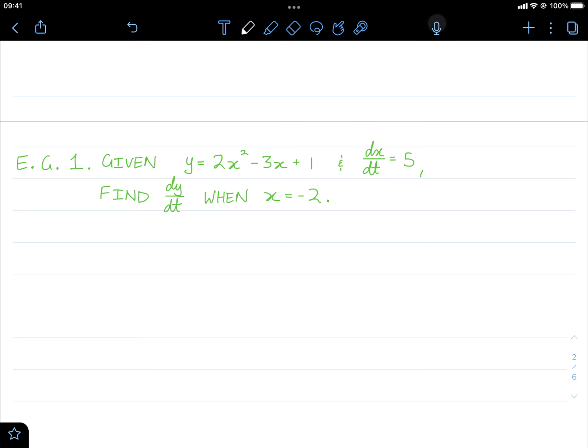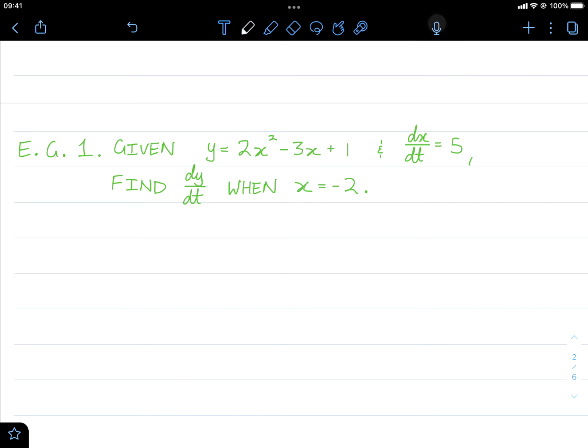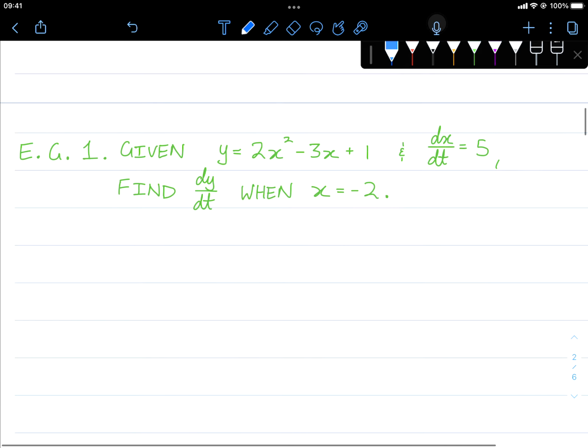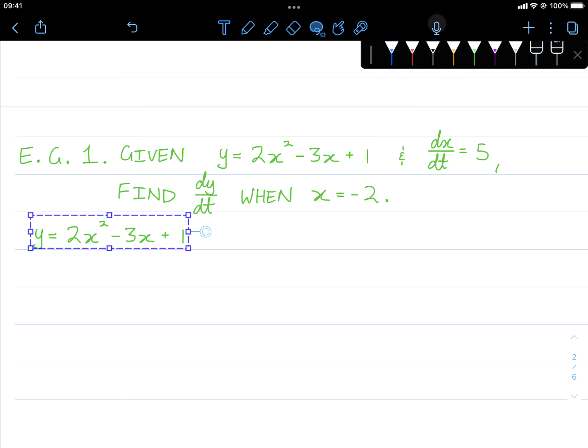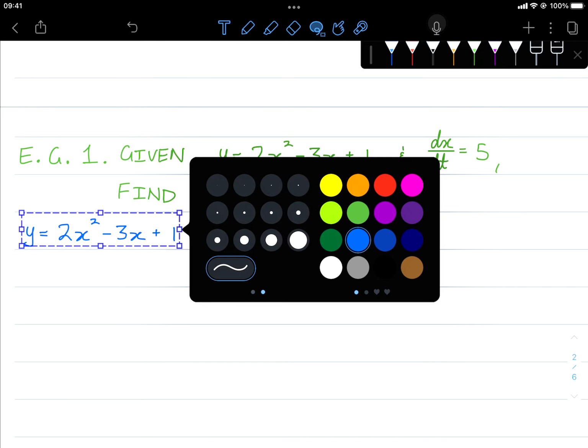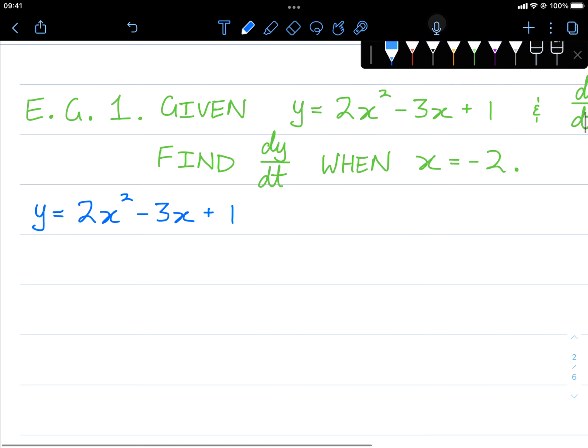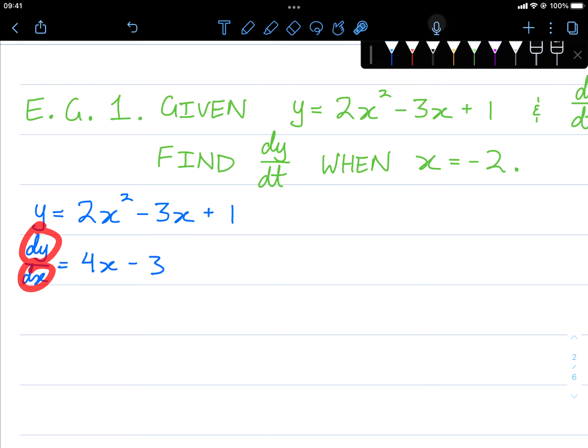Okay, so notice how if we try and find the derivative of y, so let's take a look here. Let's say we have y and we want its derivative. dy/dx equals 4x minus 3. Notice how this isn't the rate of change of y against time.